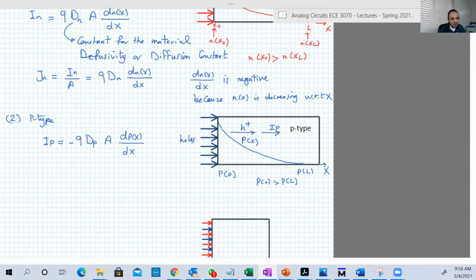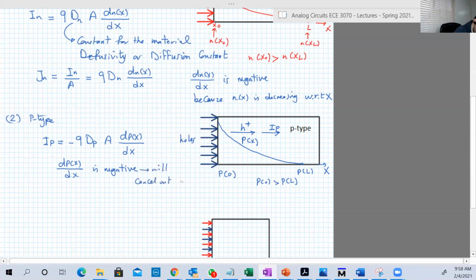So the answer is dB by dx again is negative, because again b is decreasing with x. So this negative will cancel out the negative sign in the equation.